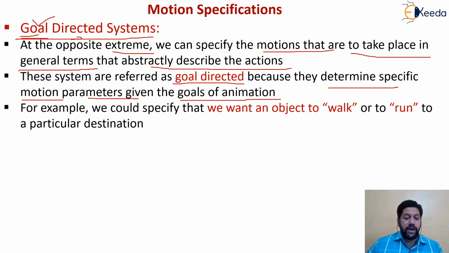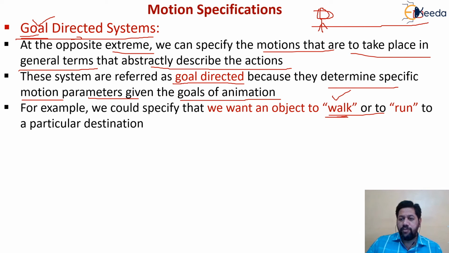Now for example, we can specify that we want an object to walk. I'm considering what action I want to show, what motion I want to show. I want to show the object should walk. So I give, this is my starting position of the object. I'm just drawing it here. This is my object starting position and this is my object end position, and I want to show the object is running.